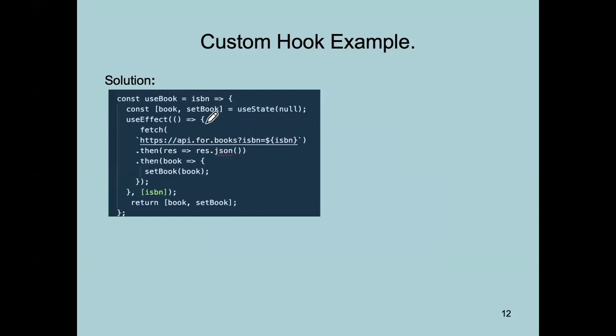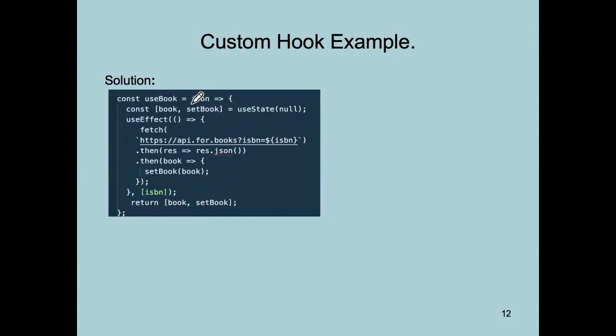In terms of what a hook returns, a hook can return anything you want it to. It just turns out, in my case, that the hook is returning essentially the same data that the useState hook returns.